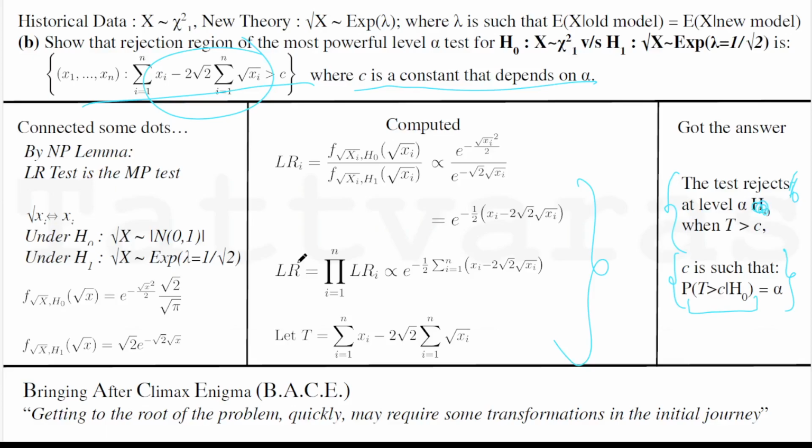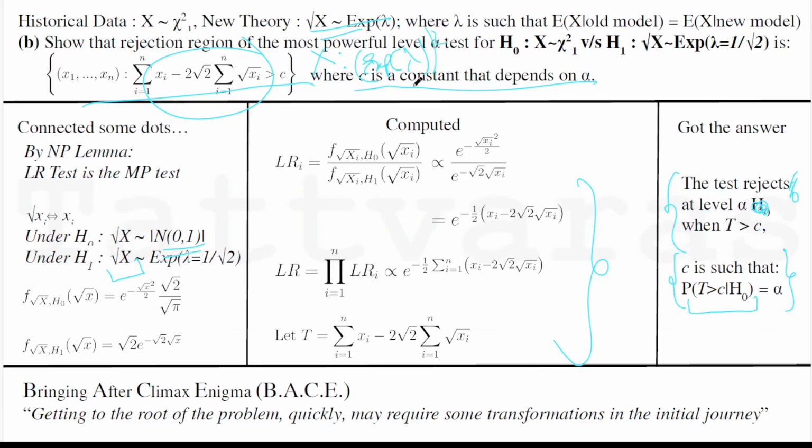If you notice, the problem had many crucial things playing a role in a subtle manner. But one thing that we noticed was the choice to make the statistic under consideration root x. And that did come up with the intuition of linking chi-square with the folded normal distribution, because the other way around would have been difficult, right? Taking x over here would have meant taking the distribution of the square of an exponential distribution.